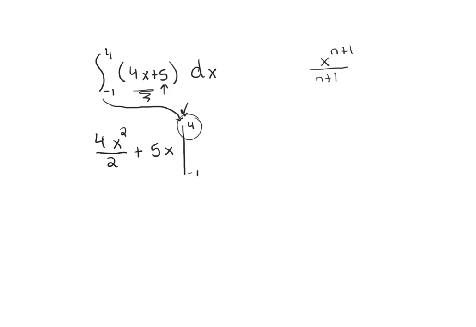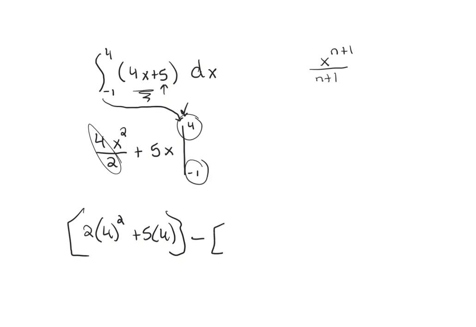So we're going to start by plugging in 4. And when I rewrite this, 4 divided by 2, this is just 2. Plug in 4 squared plus 5 times 4. So there's the antiderivative being evaluated at 4. And now I'm going to subtract, plugging in -1. So 2 times -1 squared plus 5 times -1.